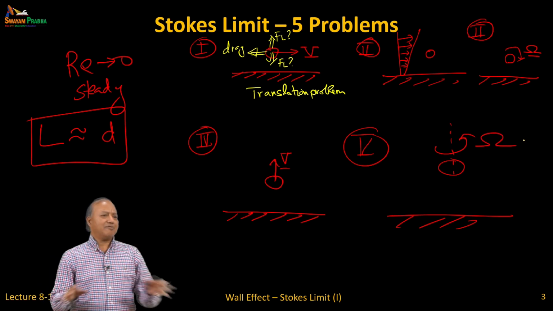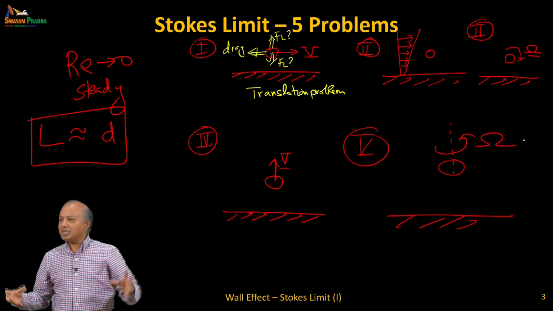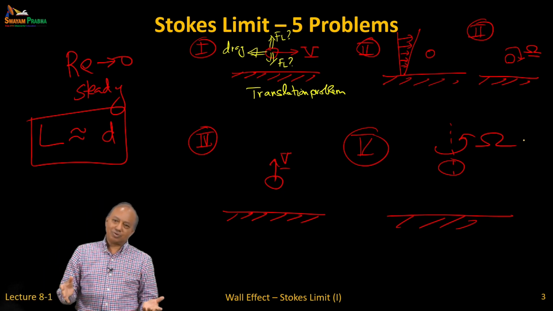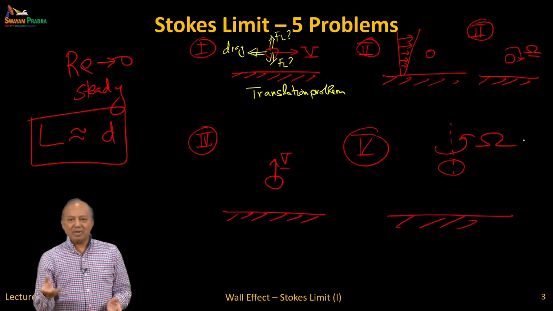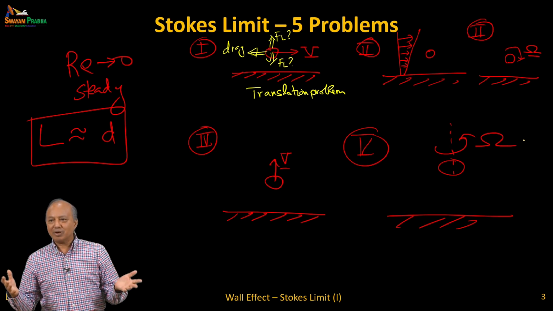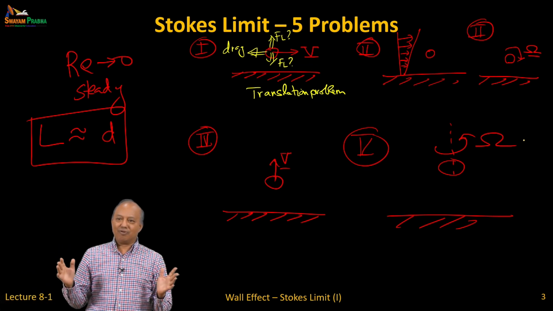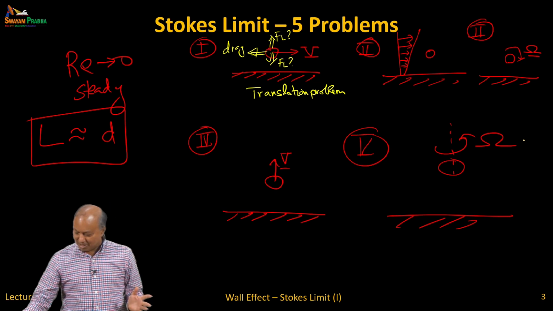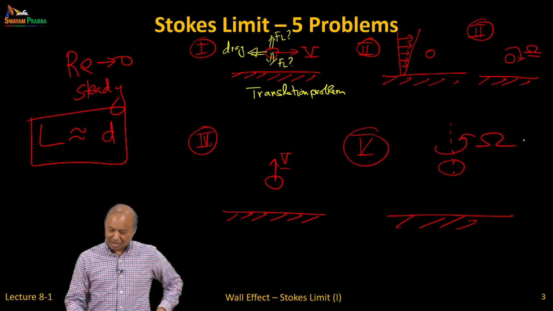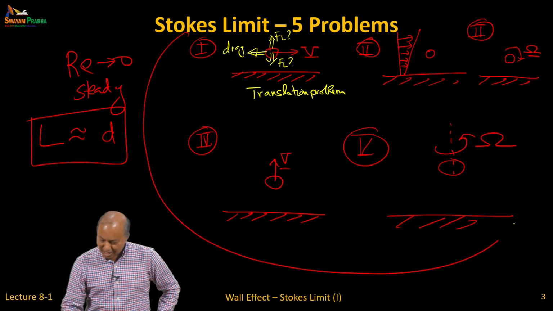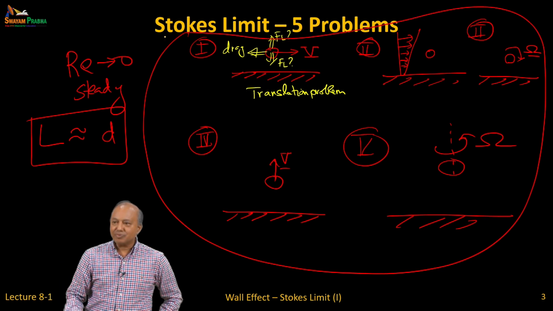This describes everything. You put them together: the particle could be moving parallel to the wall, perpendicular to the wall, spinning parallel to the wall, perpendicular to the wall, and there is a shear flow. So in the linear limit, any particle close to a wall is nothing but the sum of these 5 problems.